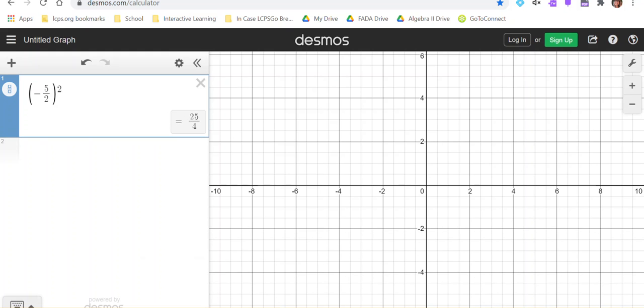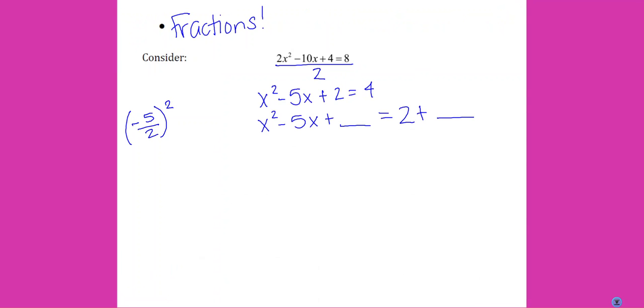Change it to fraction. So we're going to add 25 over 4 to both sides. We know this will factor to x minus 5 halves squared because this is b over 2 and b over 2 is right here inside the parentheses.